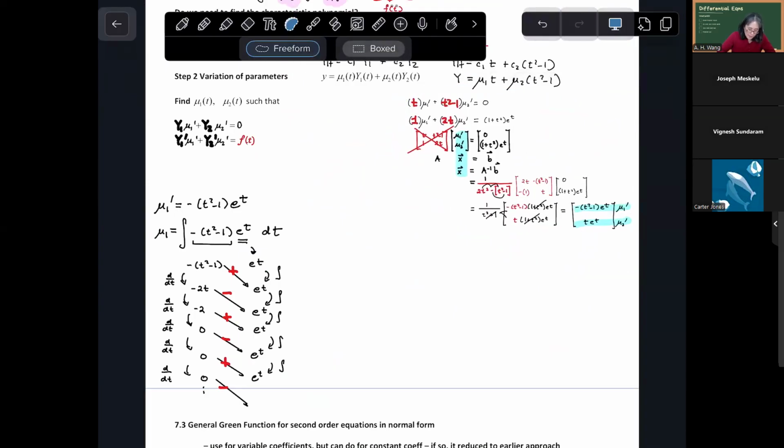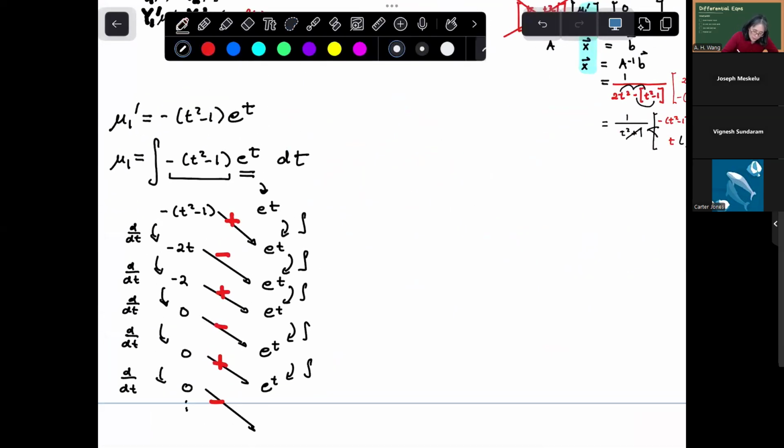What you have is going to be equal to: you look at this times this with a plus, so write down the plus, and then minus t squared minus 1 e to the t. And then you'll do the next one, so maybe I'll use a different color.